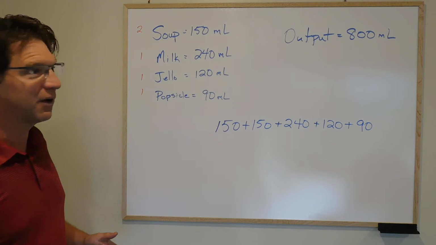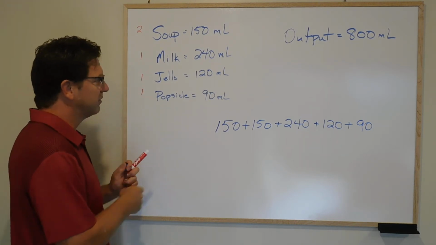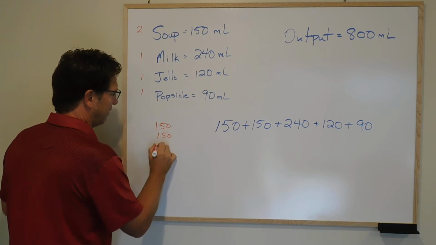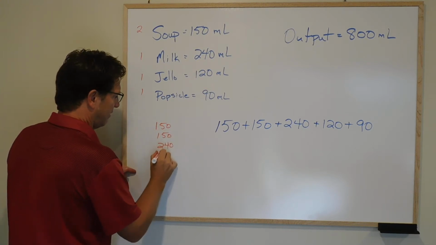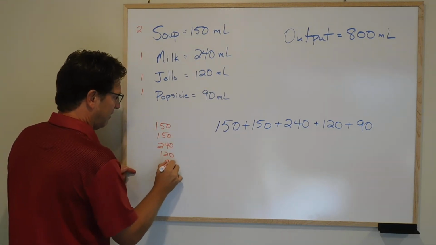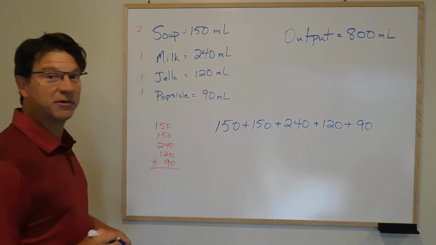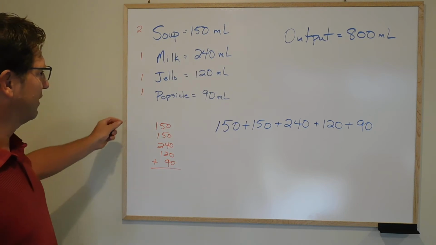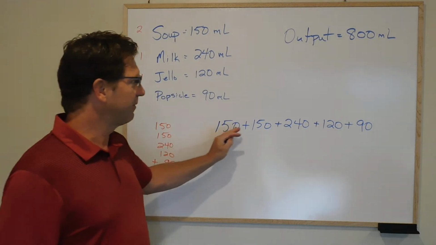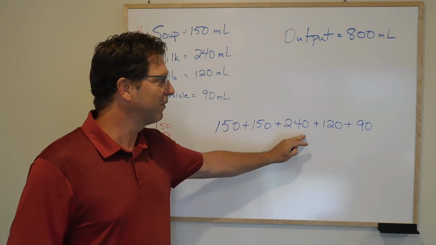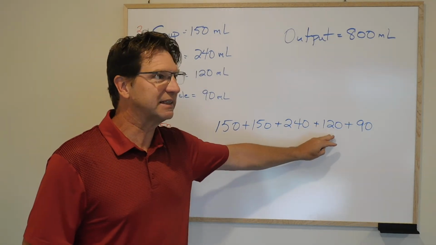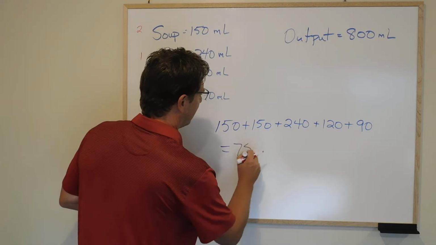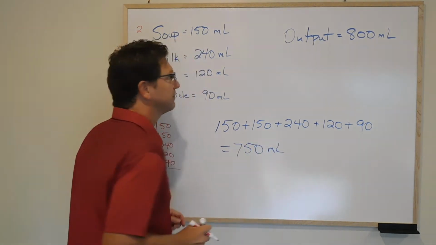Now, if you're doing it without a calculator, you may choose to do it this way, and add them in columns. But either way you do it, it looks like we're going to get 300, 540, 660, 750. It looks like I'm going to get 750 milliliters, right?